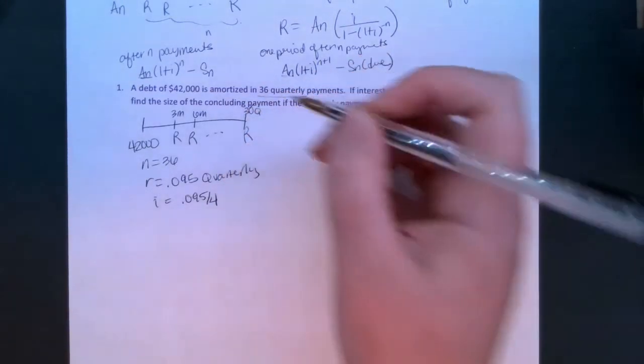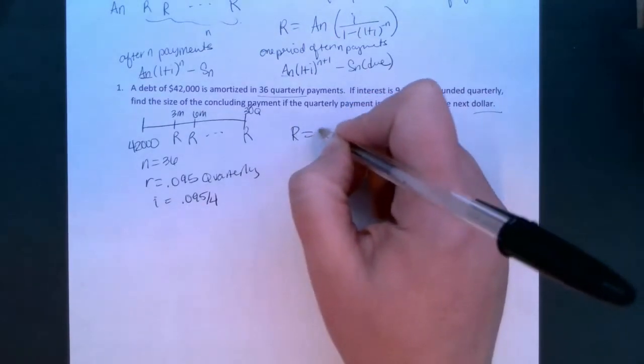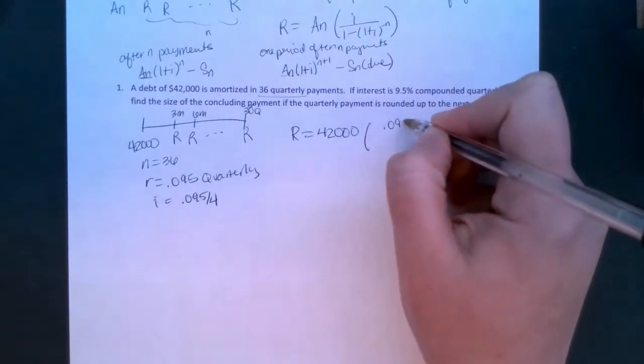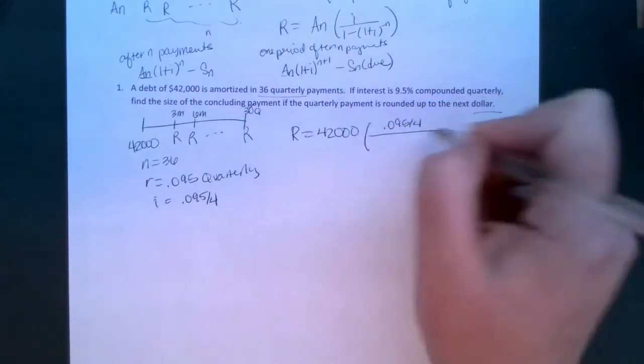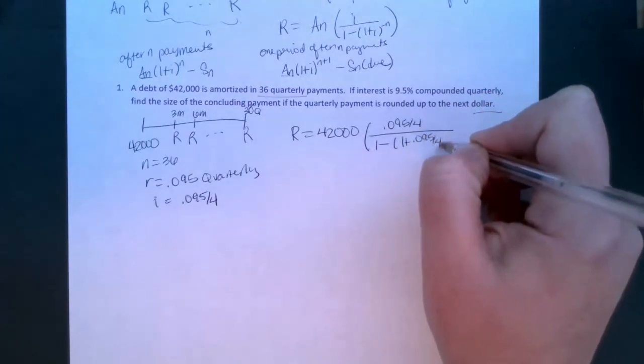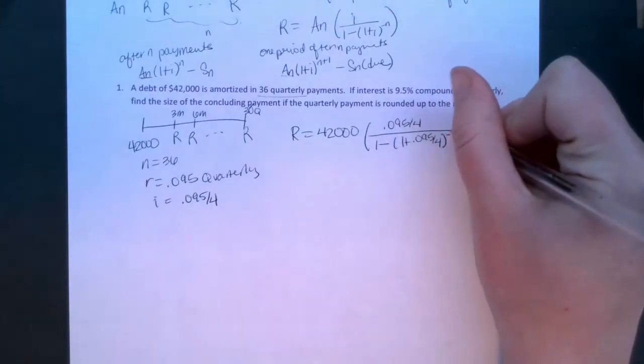Over 36 quarters, we have R equals 42,000 times 0.095 over 4, over 1 minus 1 plus 0.095 over 4 to the negative 36.